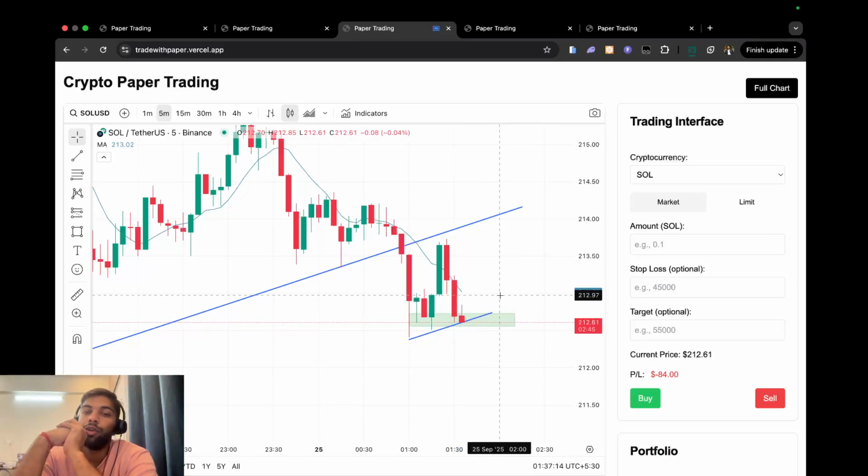Let's wait for this candle to close, guys, because the important thing is how this candle will close.